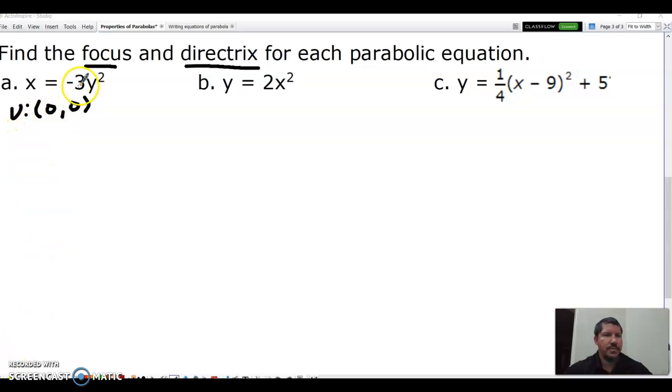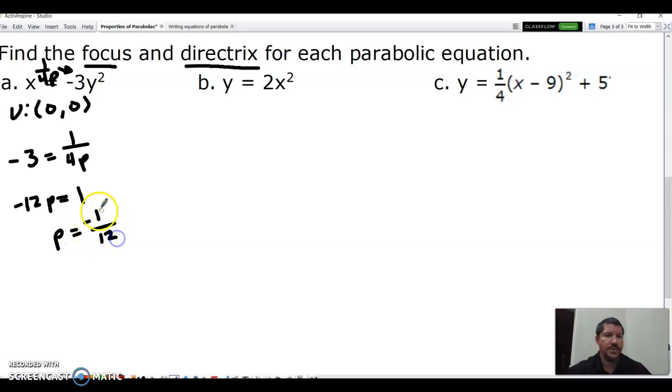Alright, so now what we have to do, remember this spot right here is 1 over 4p. So negative 3 is equal to 1 over 4p. When I multiply by 4p, I get that 1 equals negative 12p, which means p is equal to negative 1 over 12.